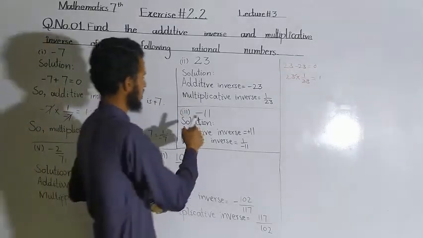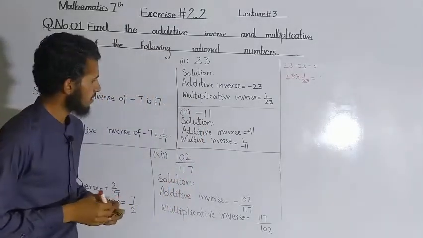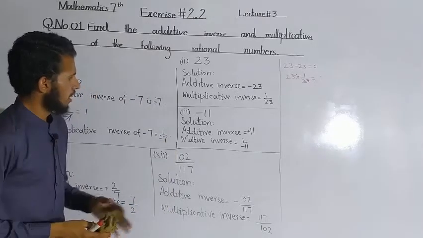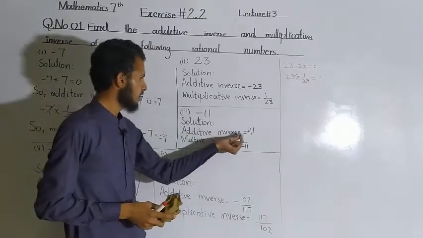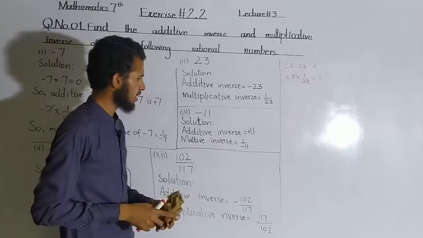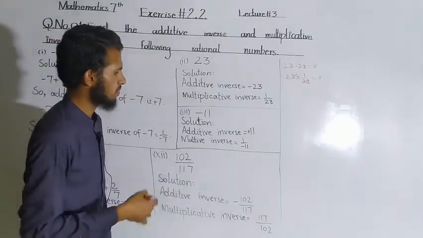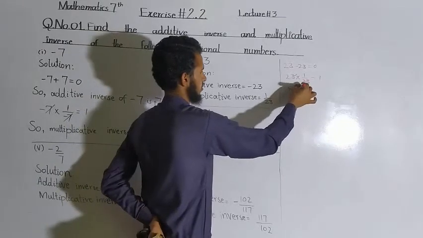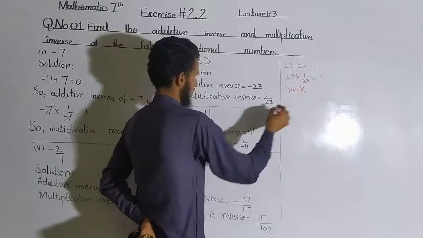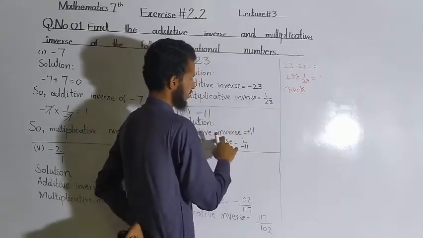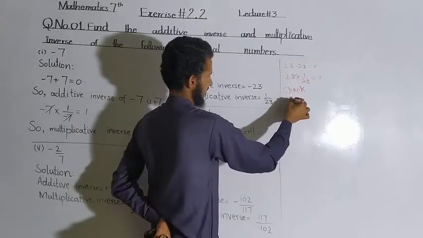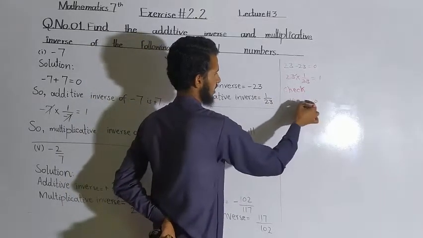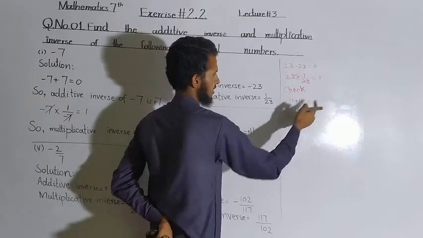Next is question number 3, minus 11. Its additive inverse is positive 11 and its multiplicative inverse is 1 over minus 11. You can also check this. For the additive inverse, add plus 11 to minus 11, and the answer will be 0.